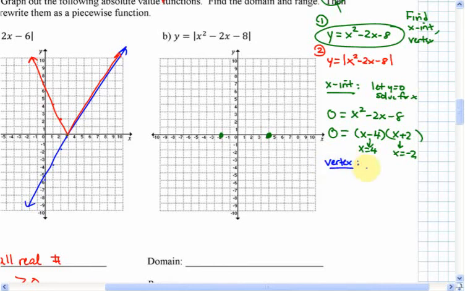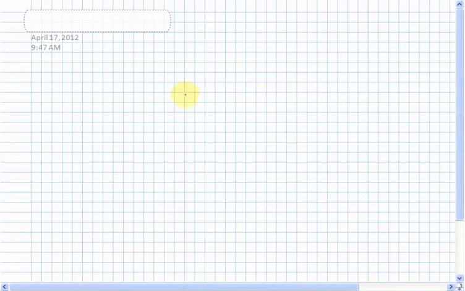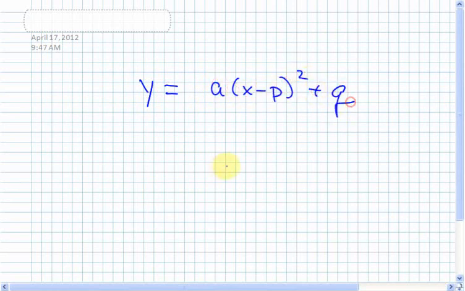Okay, some of you are thinking, oh my goodness, Mr. Lee, I remember that we have to get it into vertex form. Vertex form, don't write this down. Vertex form is something that looks like this. Remember this kind of graph? Vertex form, this is your p and your q. That's your vertex.